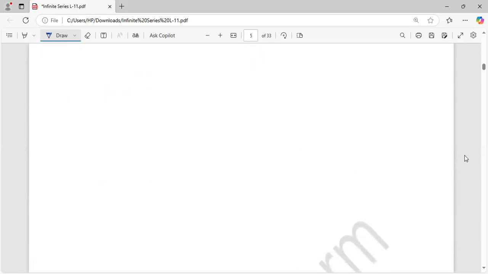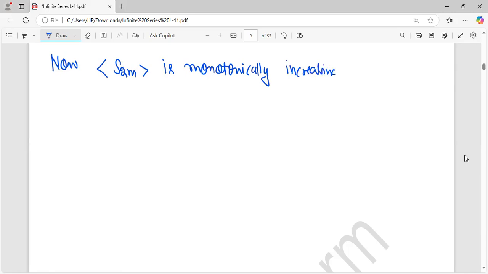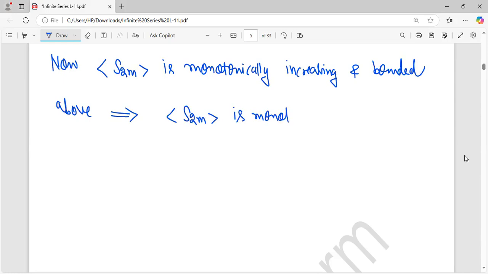Now this sequence is monotonically increasing and bounded above. So this implies S_2m is monotone and bounded.